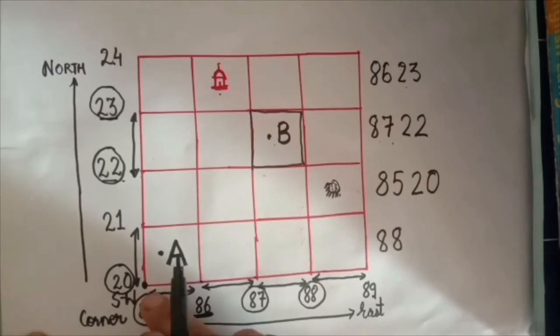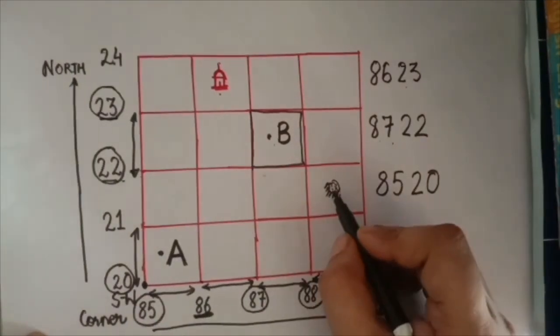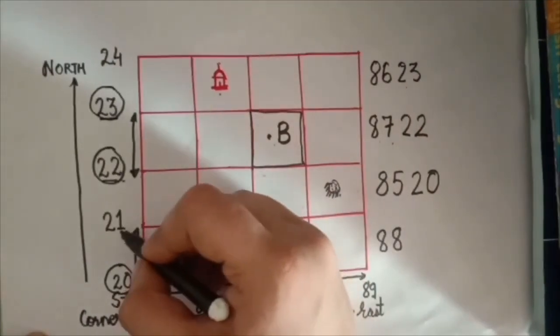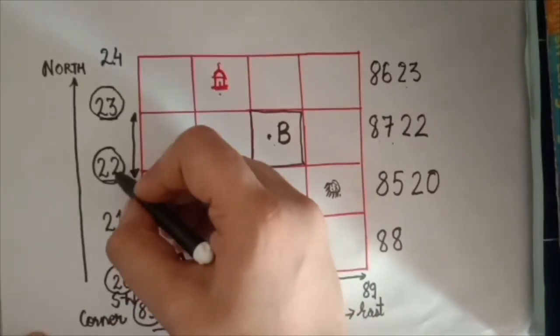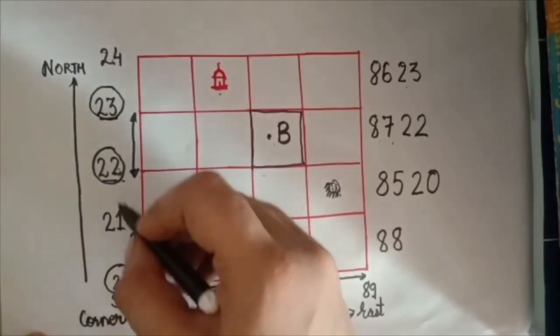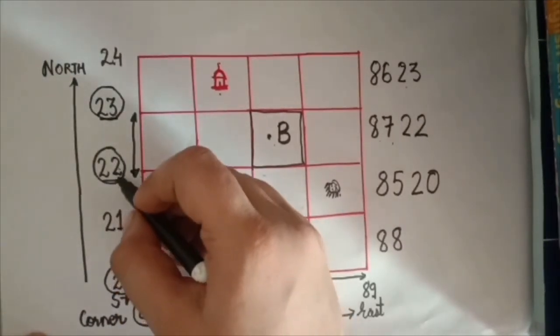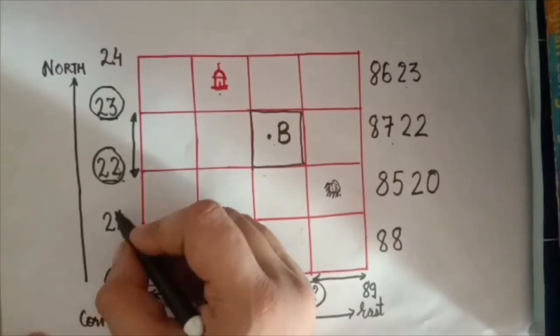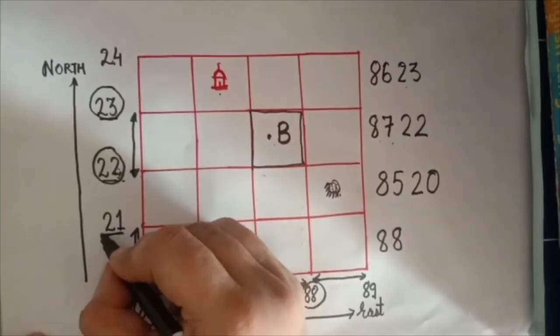Next, we'll locate its northings towards the north of the southwest corner. We can see that this dry tank lies between 2-1 and 2-2. Which is the lower value towards the southwest corner among these two? It is 2-1.